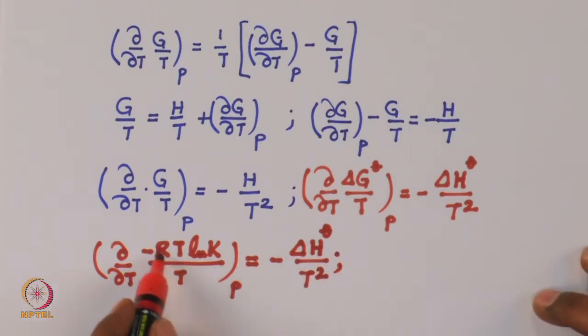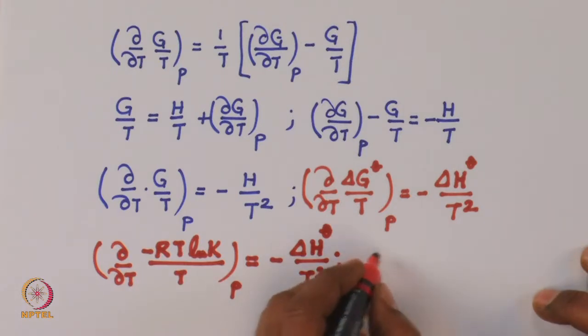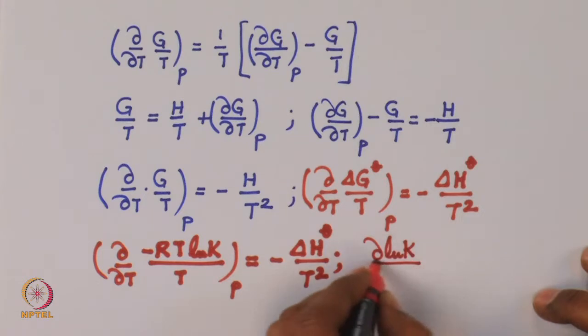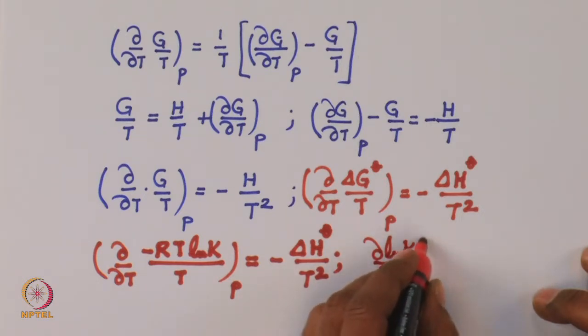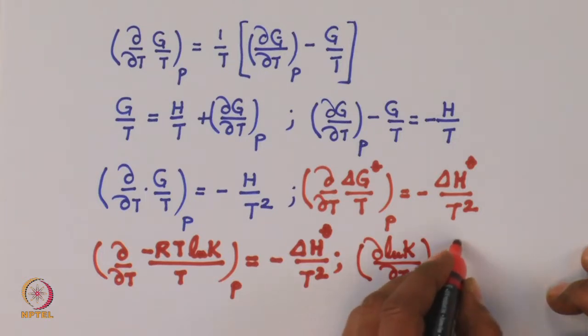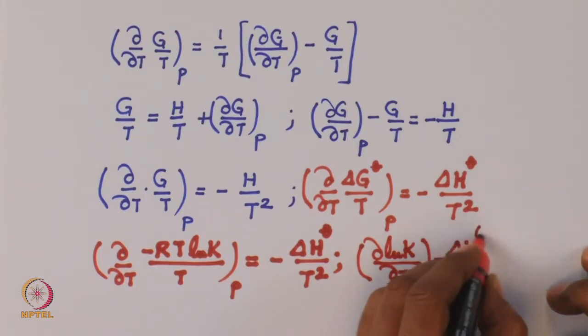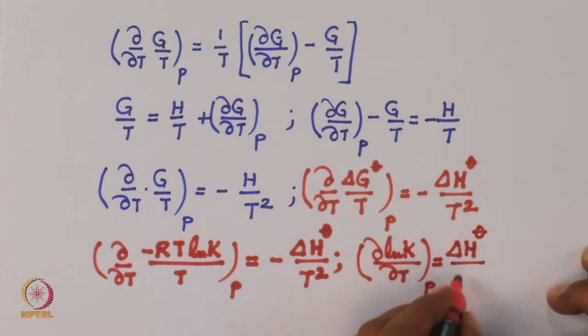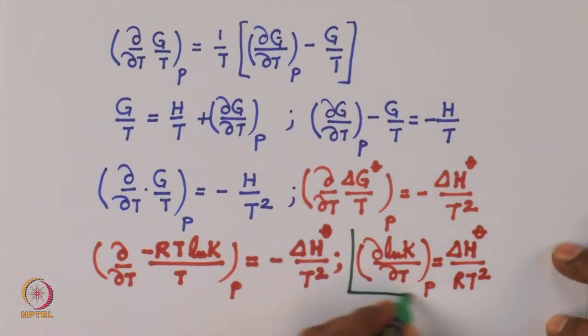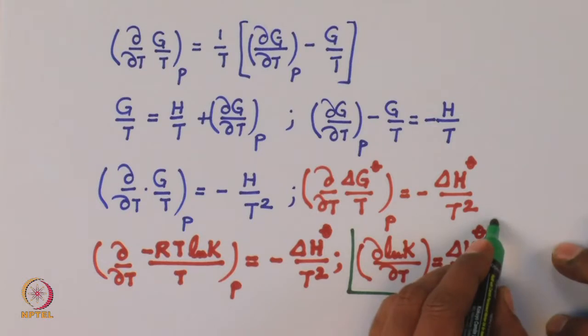T and T cancel, and I can bring R on this side. The resulting equation is dou log K by dou T at constant pressure is equal to delta H naught by RT square. And I want to discuss this particular equation in detail.